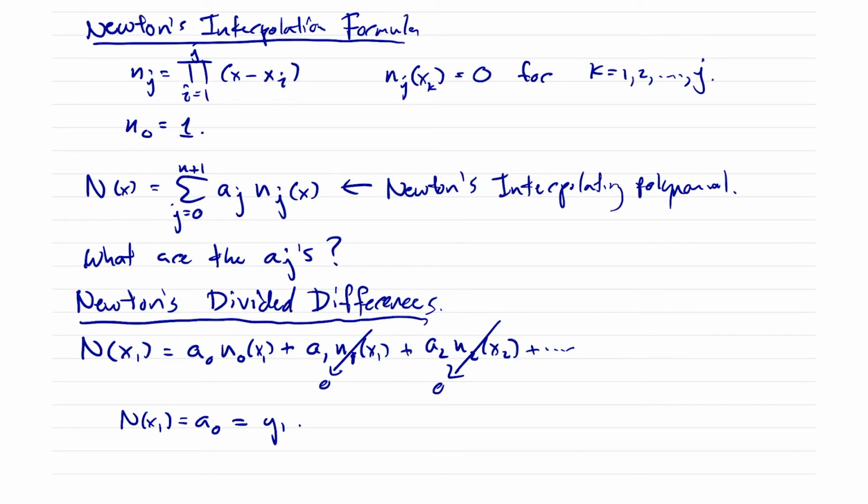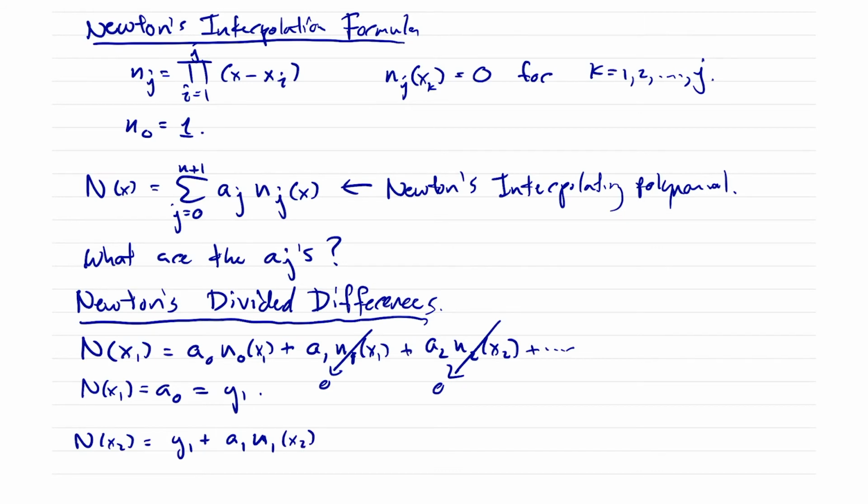Okay, so now let's take a look at N of x2. N of x2 is going to give us, well, we know that a naught is already y1, and then we're going to have a1 times N1 of x2 plus a2 times N2 of x2, etc. But this is 0, and all those subsequent ones are 0 as well.